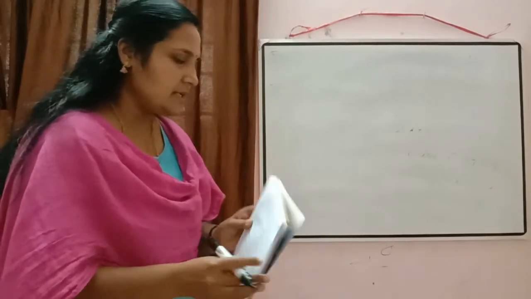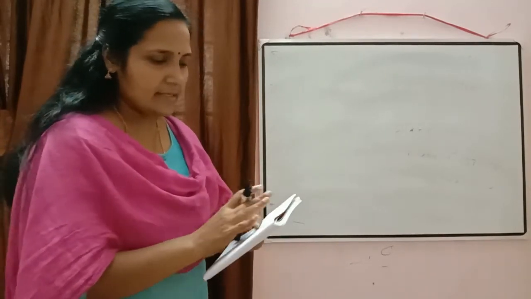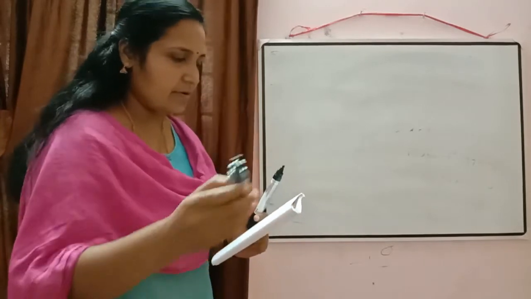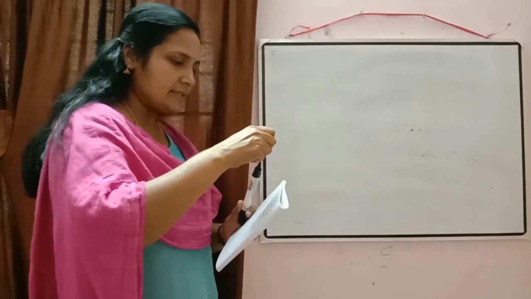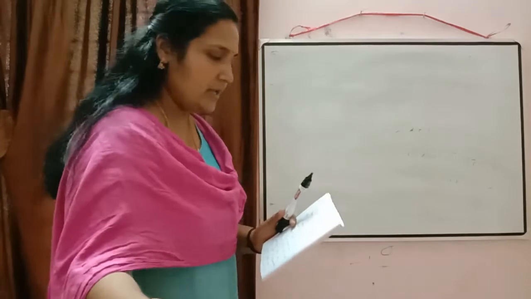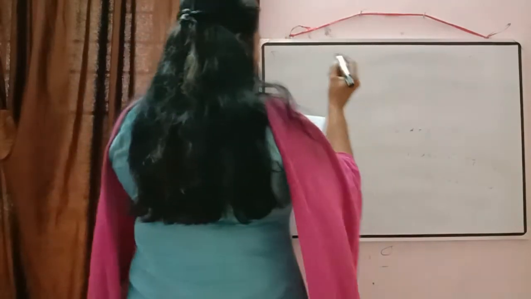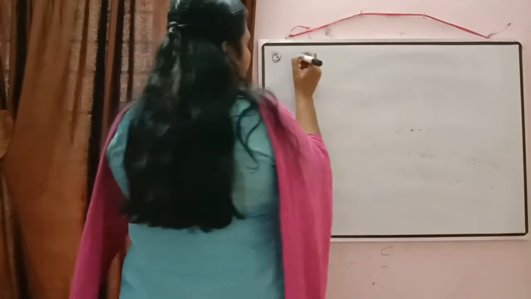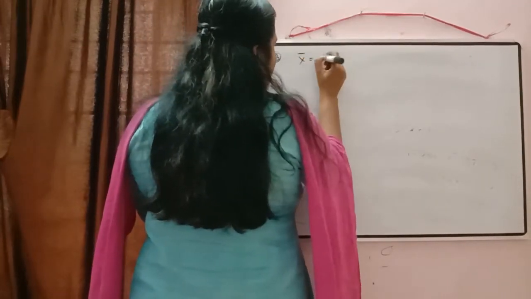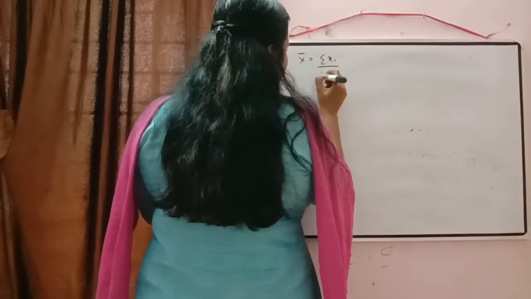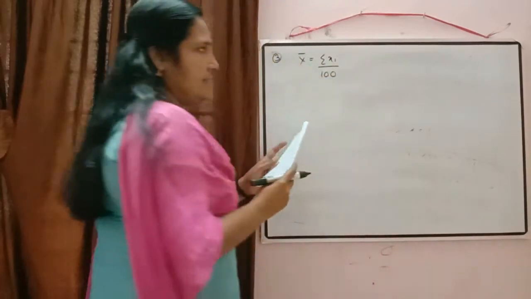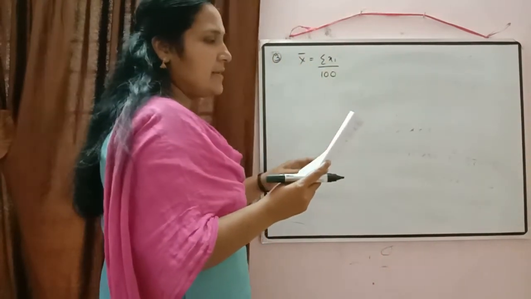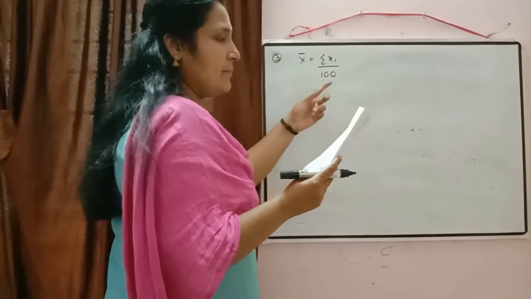In the next question it is written, the mean and standard deviation of 100 observations were calculated as 40 and 5.1. So what is given? The mean of 100 observations is 40. So here we can write x bar is equal to sigma xi by how many observations are there? 100. Sum of all the observations divided by 100, total numbers there.